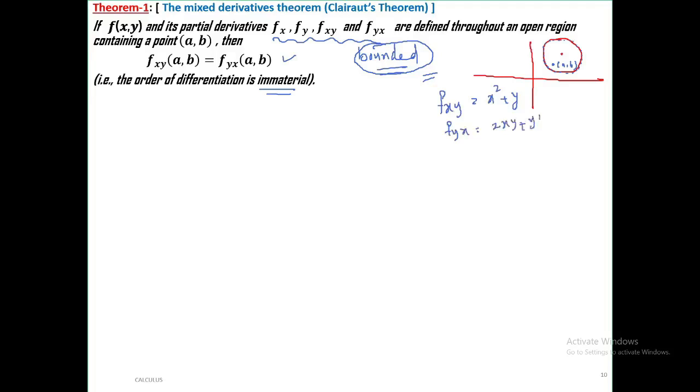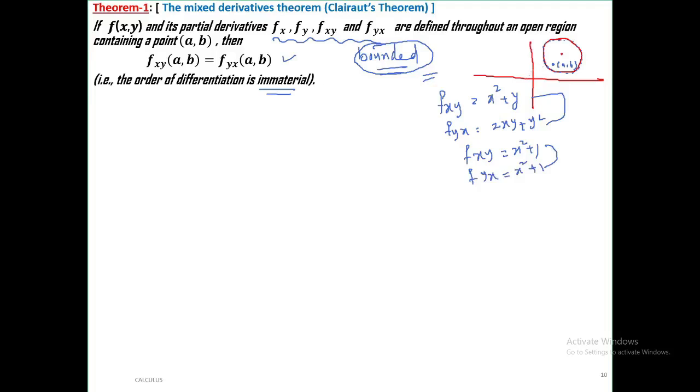If fxy, fyx are not bounded, you get different results like this. But if they are bounded, you will get the same, for example fxy is x square plus 1 and fyx again is x square plus 1. You will get the same if all the partial derivatives are bounded in this open region.